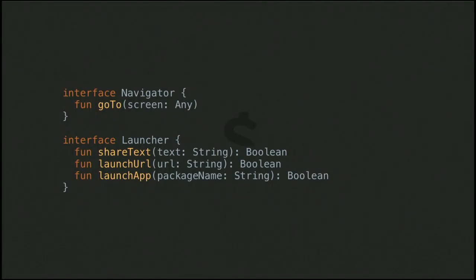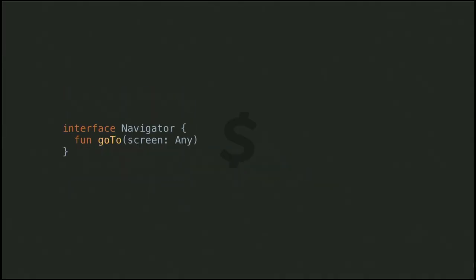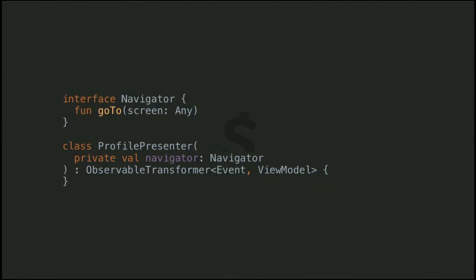We use the same design for launchers if you want to actually launch an intent to a URL or share or whatever. But let's focus on navigator. This gets injected into a presenter, and it can be either the view saying the navigation is me, but it's just a lambda, or it can be from above.